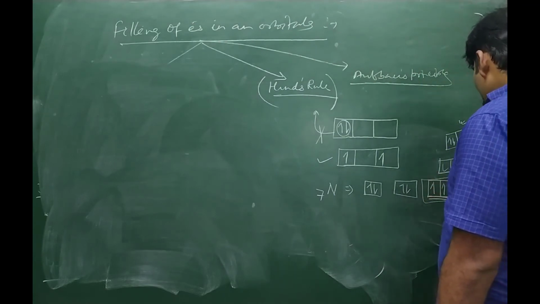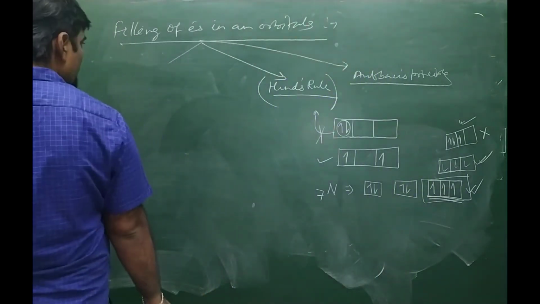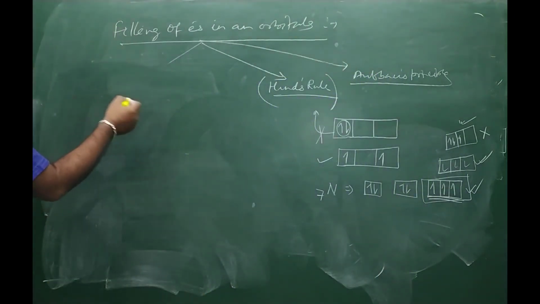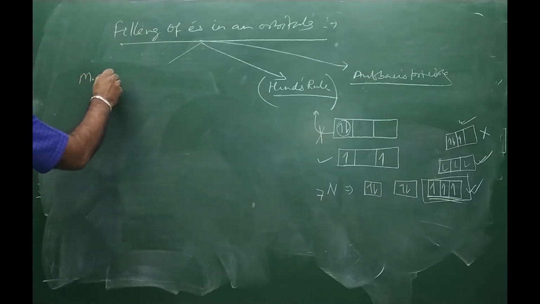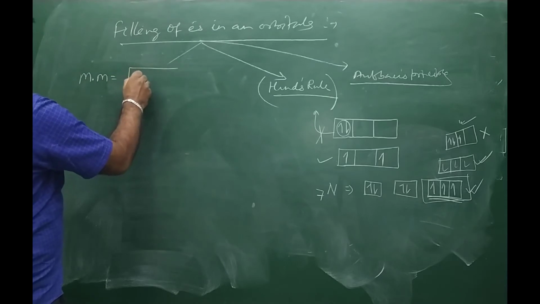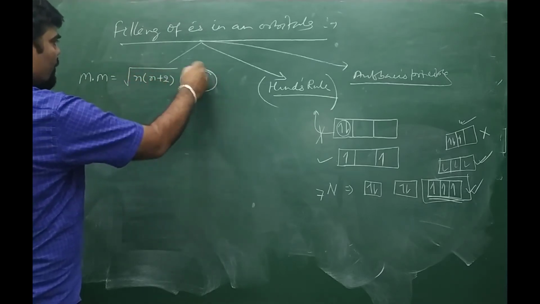So the arrangement of electrons must be given in degenerate orbitals in such a way that they have the maximum number of unpaired electrons. And by counting the number of unpaired electrons, we can find out their magnetic moment. So magnetic moment is equal to root over n into n plus 2, into BM. BM is what? Bohr magneton.